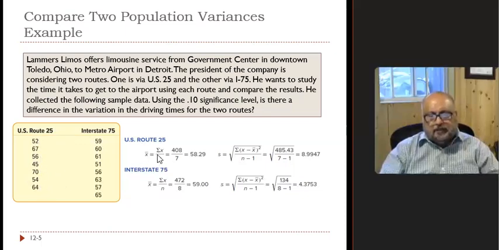So X bar is equal to sigma X divided by N. We add these all up: under US route 25 it gives us 408, divided by 7 gives us 58.29. For Interstate 75, we can do the same thing for this side, and we get 59 as the mean value for this sample.